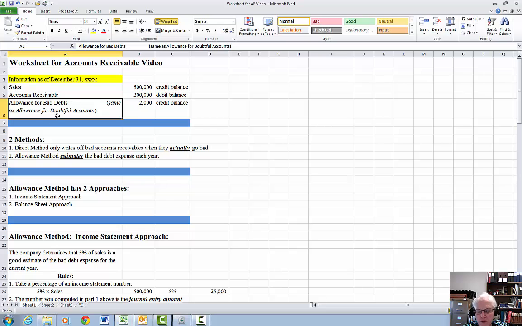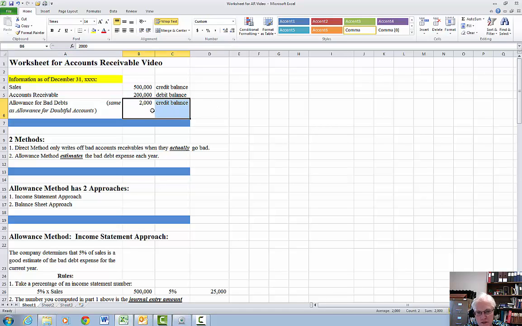I learned it as bad debts, that's what I still call it. So when I refer to bad debts, it's the same thing as doubtful accounts. And for these examples, we're going to pretend that it has a $2,000 credit balance. You can also work it because it could end up having a debit balance before you start making any adjustments.